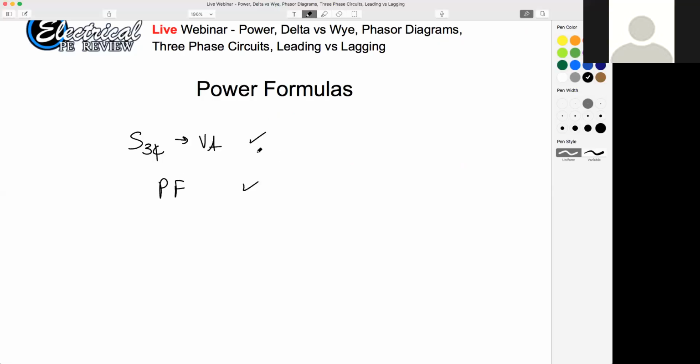So what you can do is, and let me draw the brackets, it's going to give you just the magnitude, right? Magnitude only. So in order to avoid that trap, to get the true complex apparent power, you take the magnitude, but you want to always find the angle from your power factor.